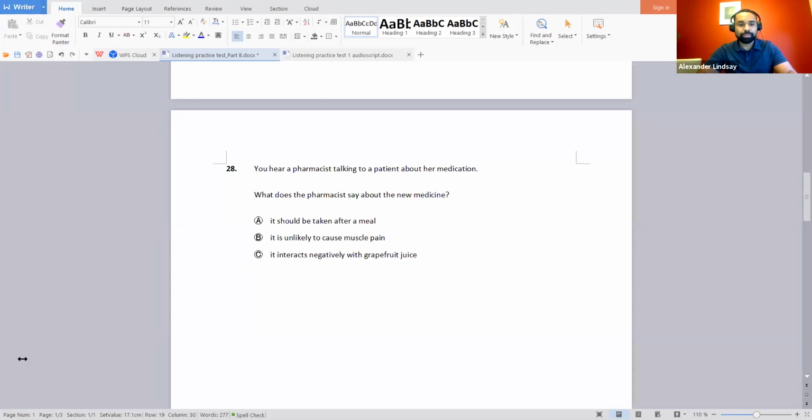Swoosh English OET Occupational English Test Mock Examination. This has been designed and delivered by the UK OET experts at swooshenglish.com and is strictly under the ownership and copyright of Swoosh English. Question 28. You hear a pharmacist talking to a patient about her medication. Now read the question. Your file says you're taking Lipitor 20 milligrams once a day. Is that correct?